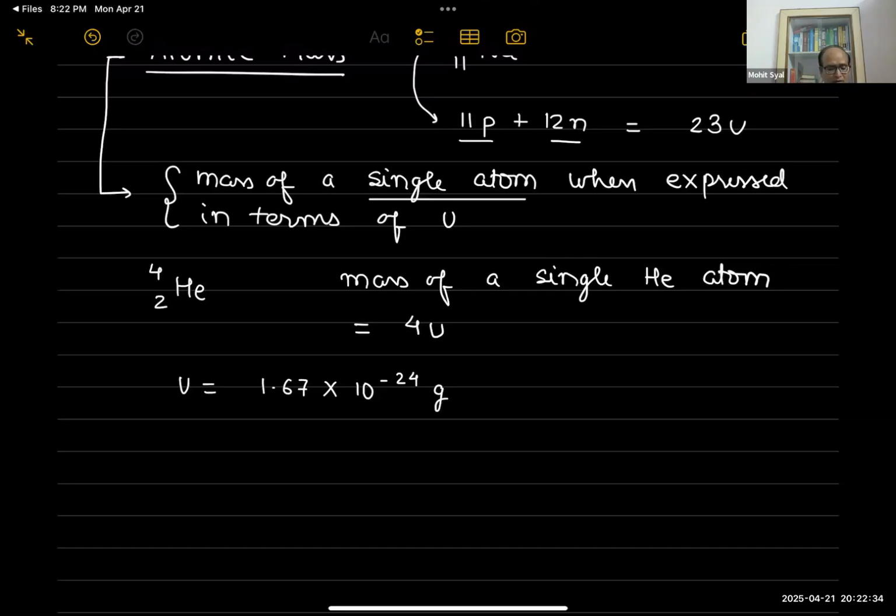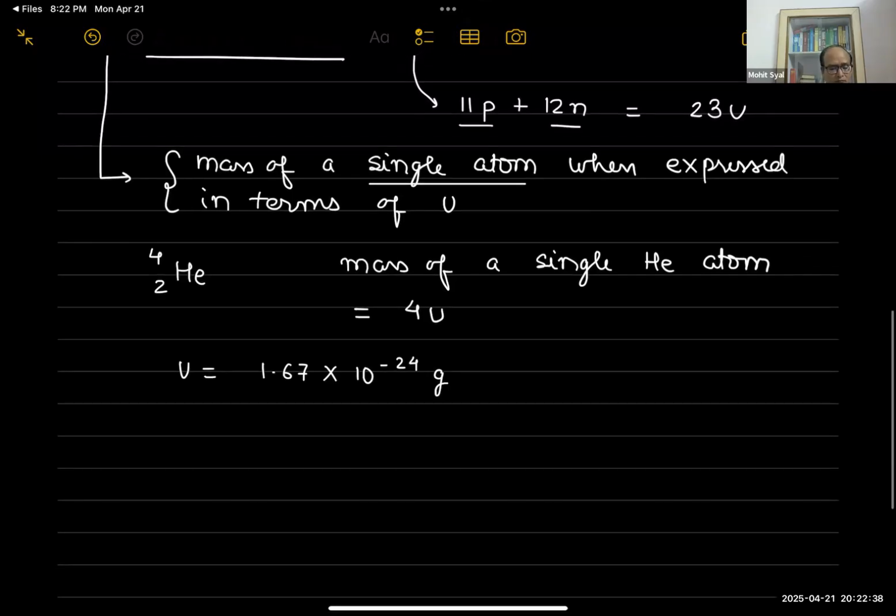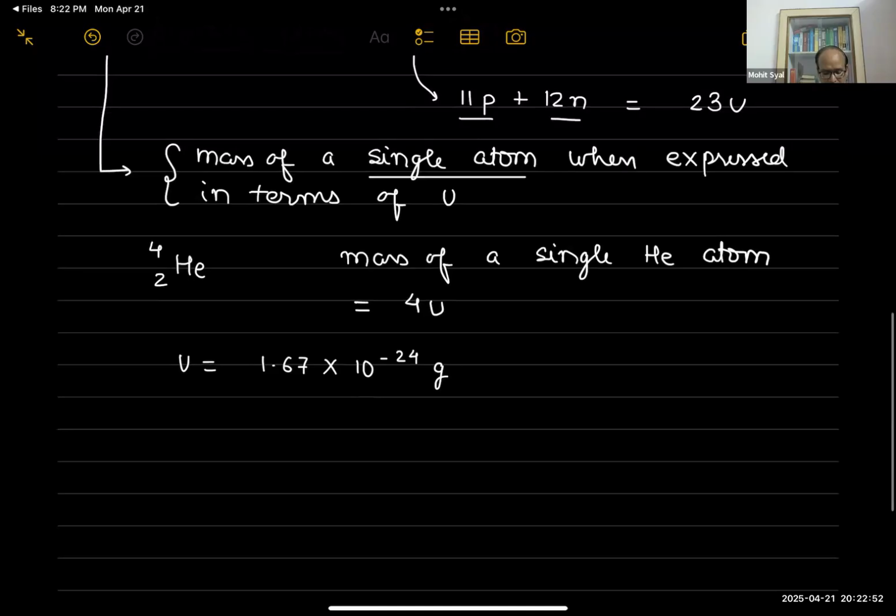So how will you define U? U is the unit used for the mass of a single atom.